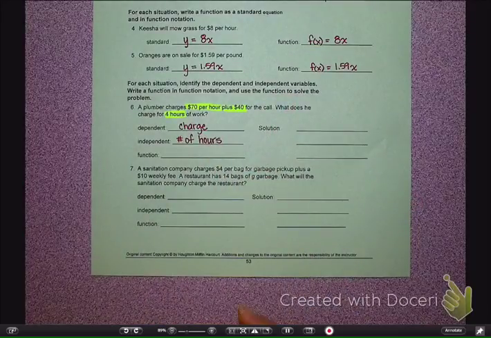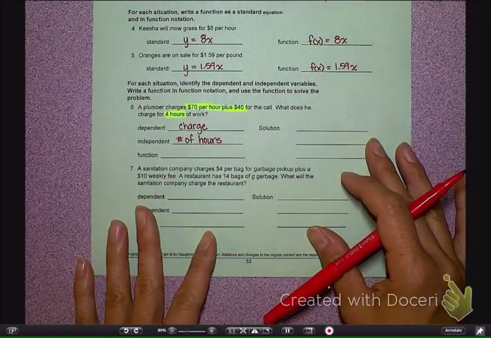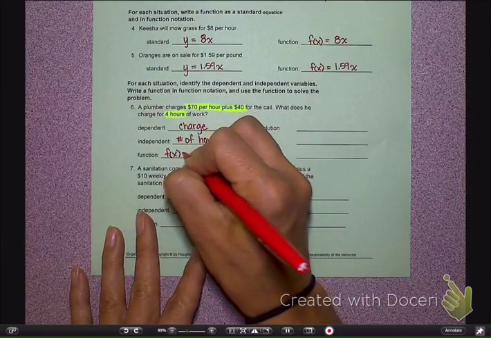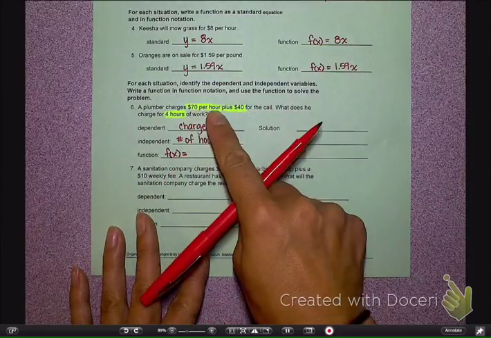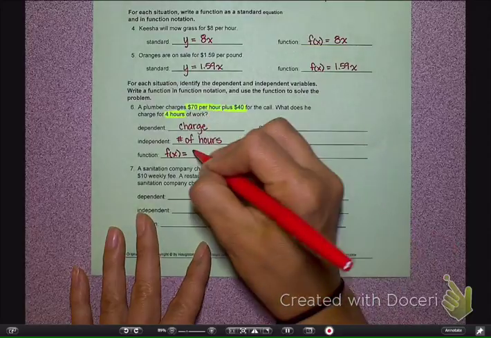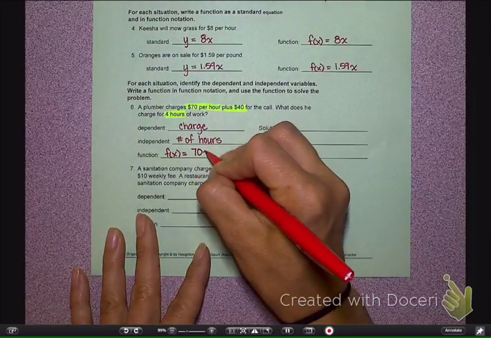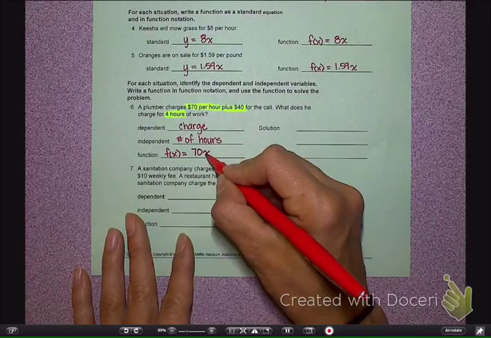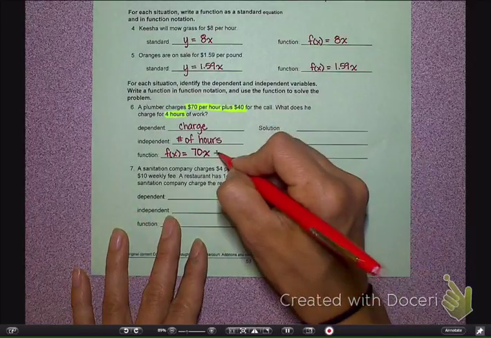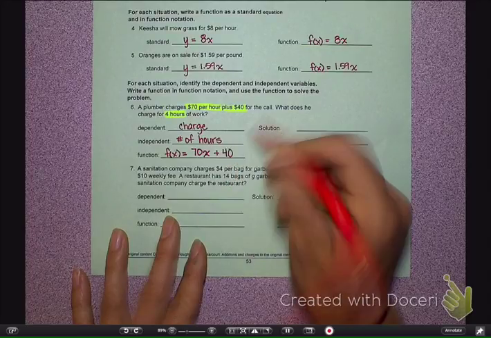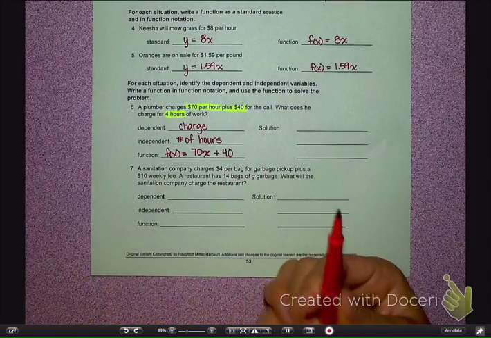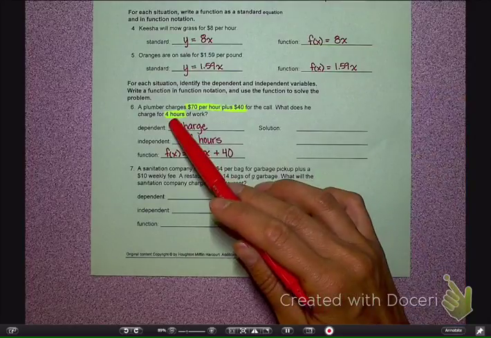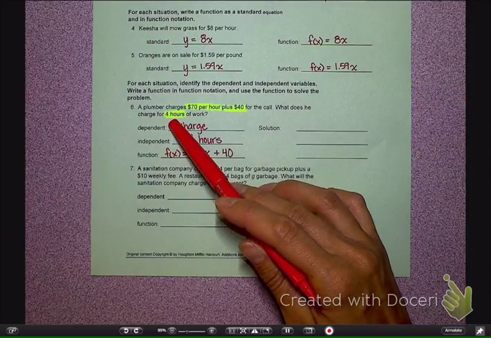So our function, written in function notation, is going to be f of x equals, well, how much is he charging per hour? 70. So 70 times x, where x is the number of hours, plus what? 40. Now, our solution is going to be the answer to this question: what does he charge for 4 hours of work?